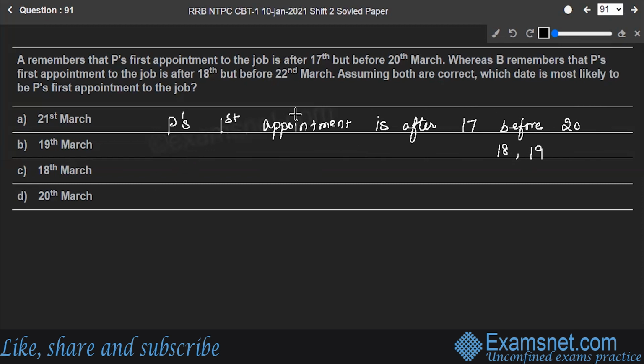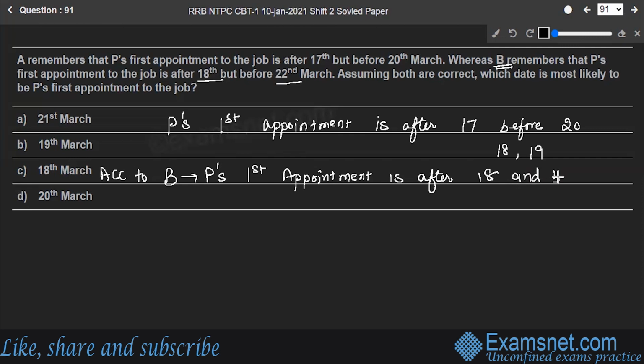And now, as per B, P's appointment to the job is after 18 and before 22nd. So according to B, P's first appointment is after 18 and before 22 March.